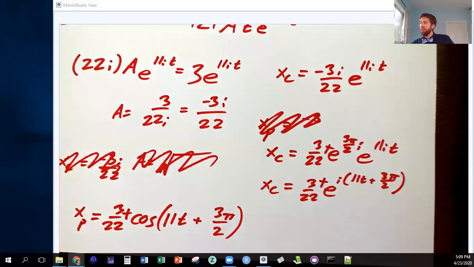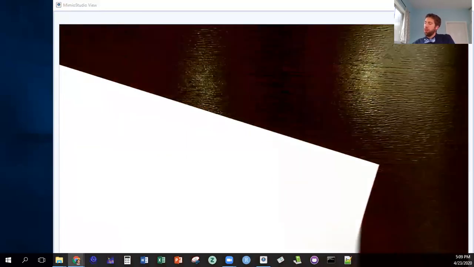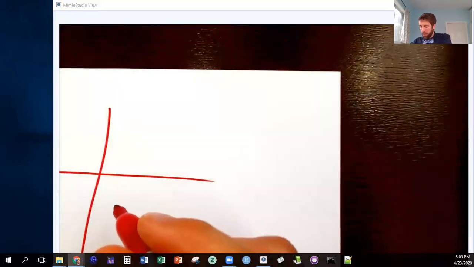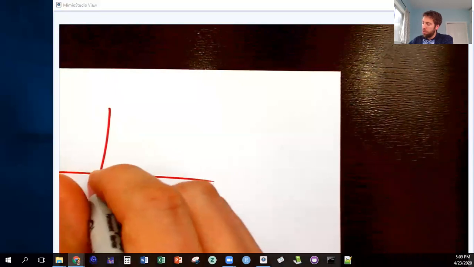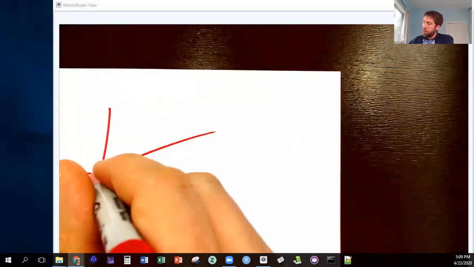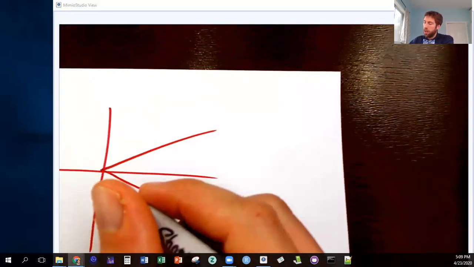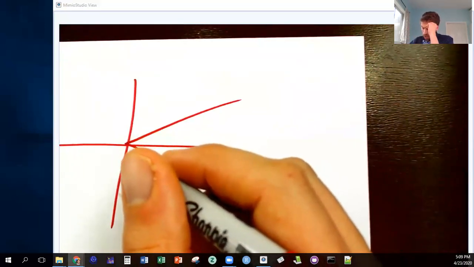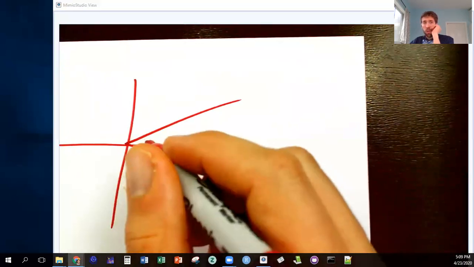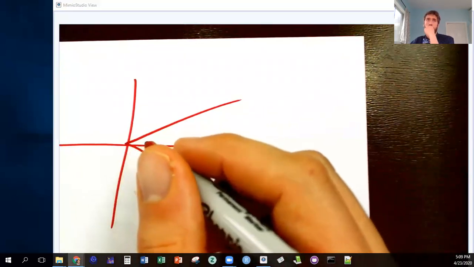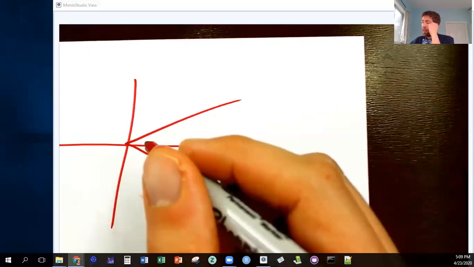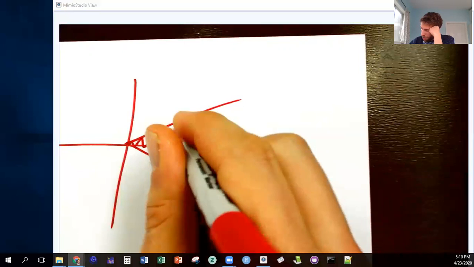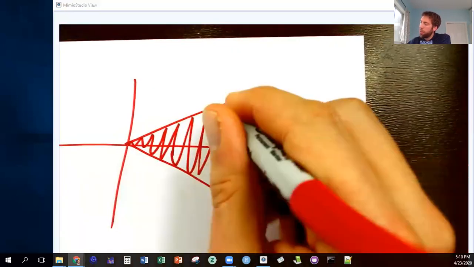Well, the graph is basically like graphing y equals 3/22 and then cosine being shifted 3π/2, which is basically like a negative sine. But then it just goes back and forth inside there.